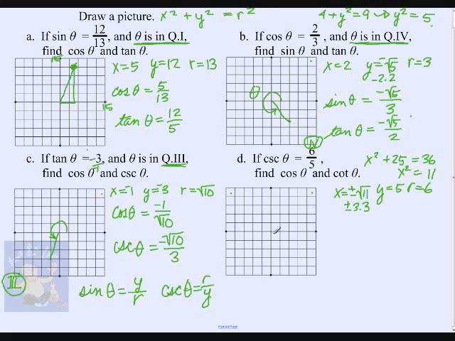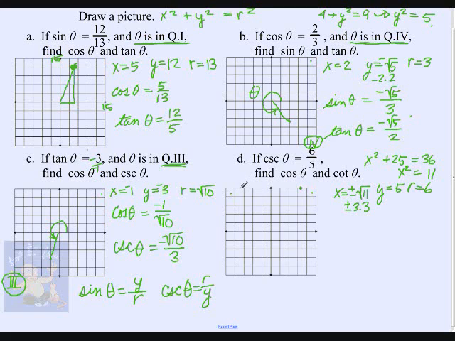So I can draw it. It's either, can I draw it? I guess I can. Because if this is 5, I'm still good. And I only have to go over 3.3. So I'm right about here and up 5. So this is where the point might be. The other place it might be, isn't this crazy?